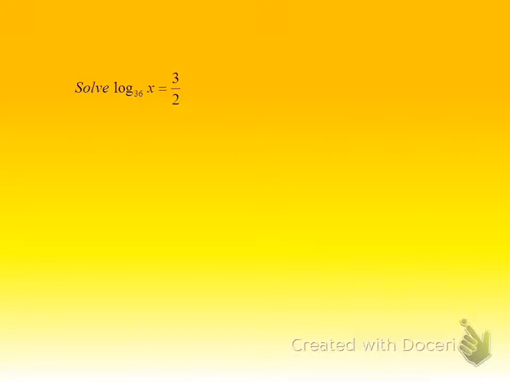So you have log base 36 of x equals 3 halves. What do you think you're going to do? The same thing as last time. You're going to switch forms. You drop the log, so 36 to the 3 halves equals x. 36 is 6 squared, to the 3 halves.